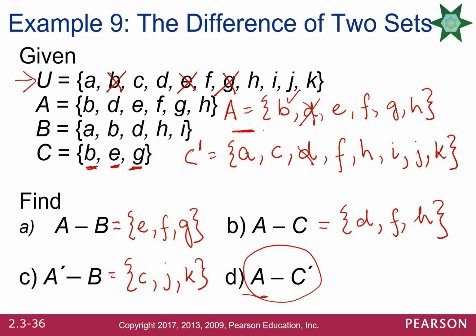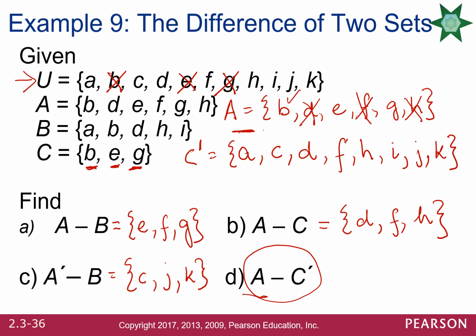Just a second. Then we have E is not common. F is common, right? So let's remove that. Not from here. I don't know why I keep doing that, but it has to go from the top set, all right, A. So F, let's remove that. And then G is not common, but H is common, so we are going to remove that.